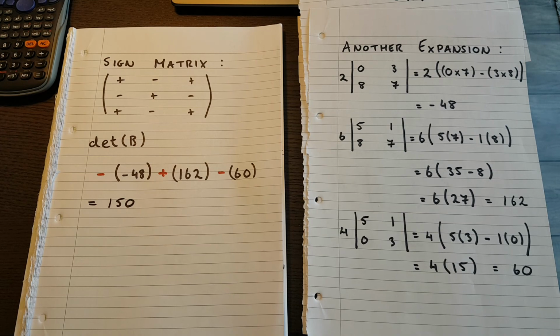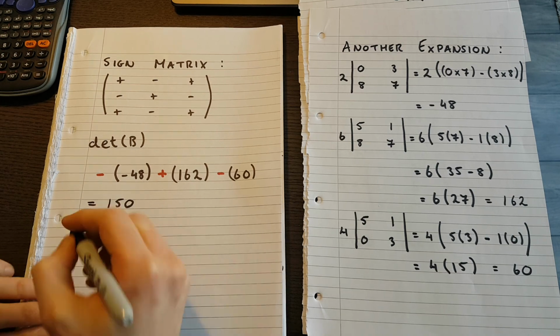And actually this will work given any row or any column anytime I like. So a question would be, should I choose any particular row or column? And the answer is that it's sometimes beneficial, and I'll explain why.